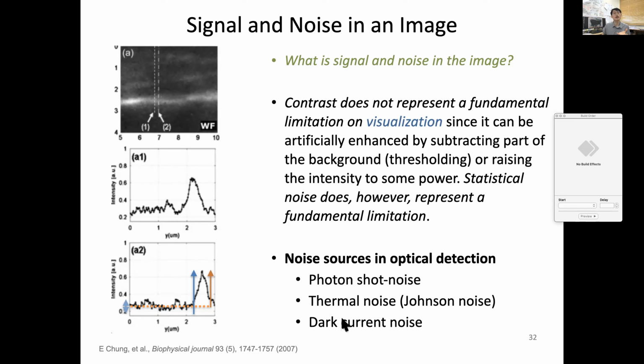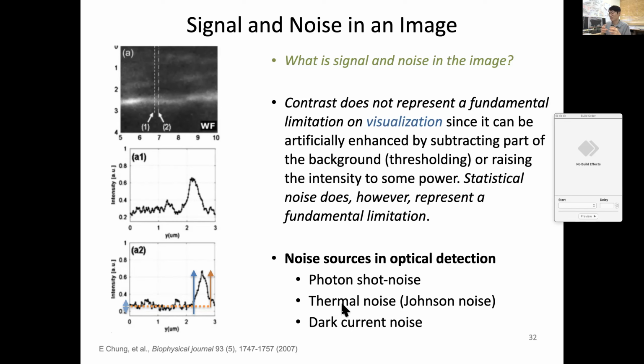And another is the detector. We are using an electronic device, and with a finite temperature we always have thermal fluctuation, and that also provides noise that we call thermal noise or Johnson noise.